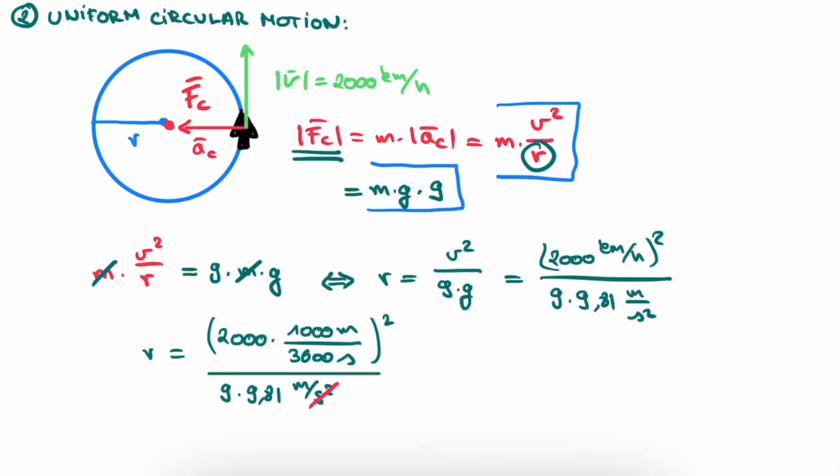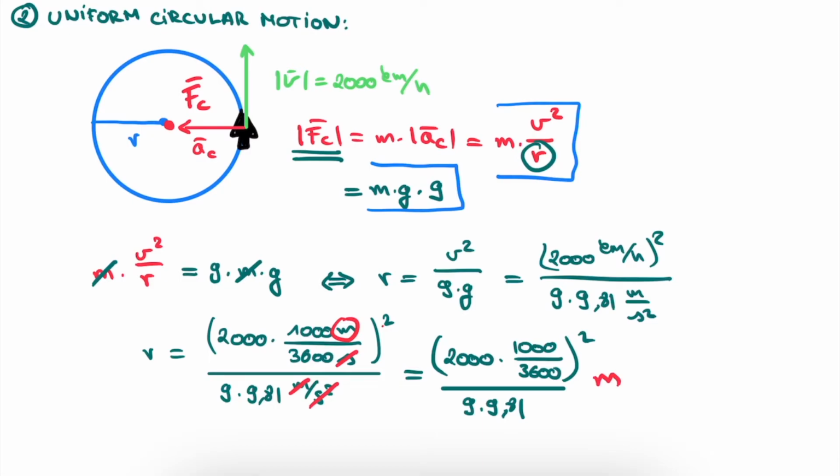We see that this second squared and this second squared drop out. And we see that we have meter squared in the numerator and simply meter in the denominator. And therefore, what we're left with is only meter in the numerator. Therefore, we have 2000 multiplied by 1000 divided by 3600, squared, divided by 9 multiplied with 9.81. We have to, of course, square this numerator, and our units are simply meter.